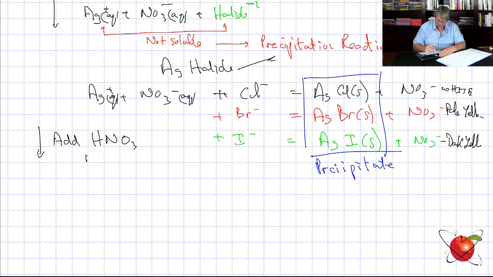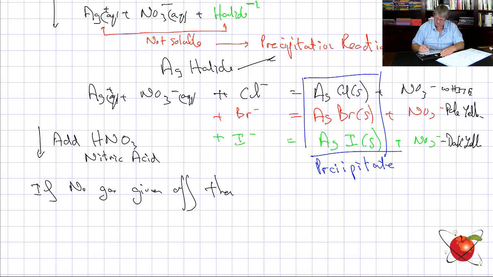The next step in this process is we add HNO3, nitric acid. Why? Because we want to make sure that it's the halides. If it was a carbonate, it would bubble off, and we'd get CO2 coming off. So we add that. Now, if no gas is given off, then you have the halides.